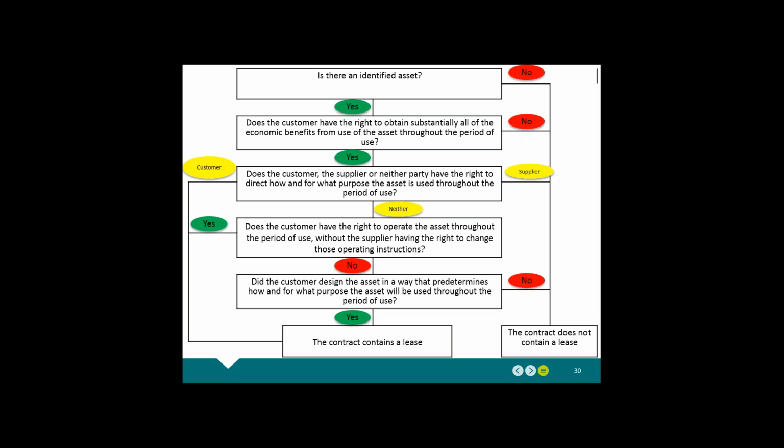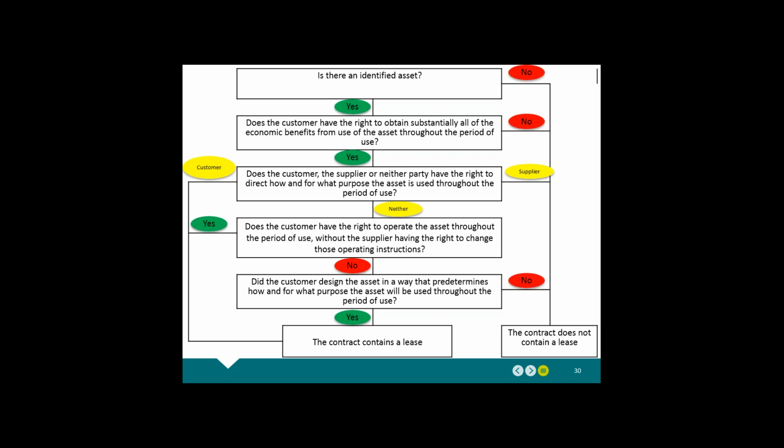So a number of questions to answer to determine who has control of the asset for the period of the lease. Is it the customer? Then we've got a lease. Or is it the supplier? Then it's not a lease. And there's some variations. So if it's the supplier that has the control, it's not a lease and the customer will not put it on its balance sheet.